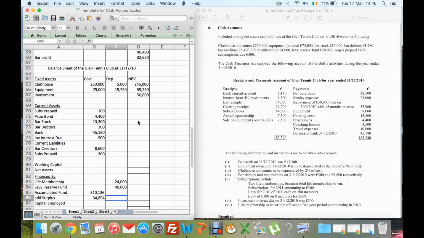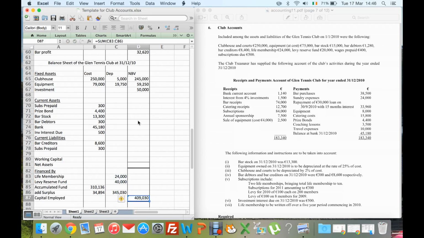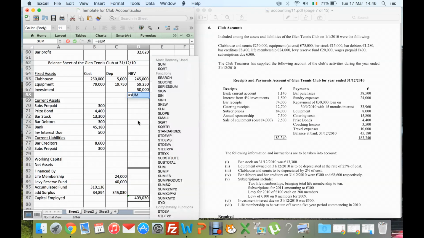So we can add up our balance sheet. And we add up this here.